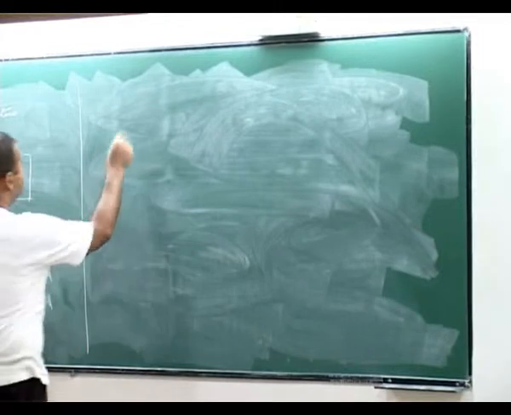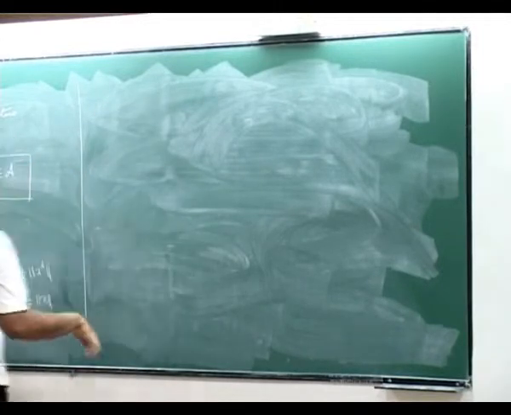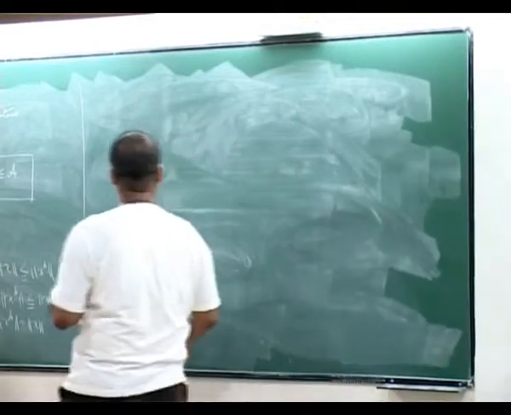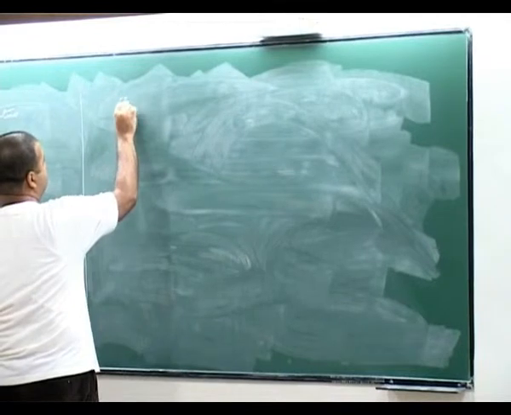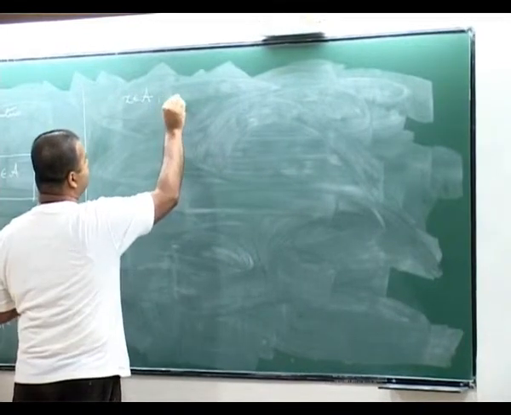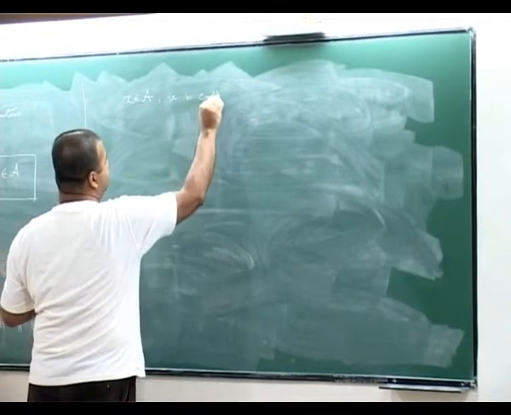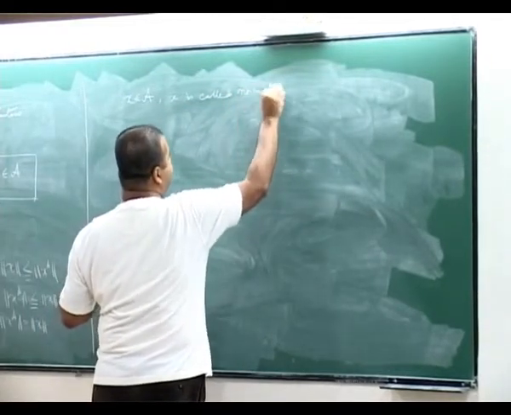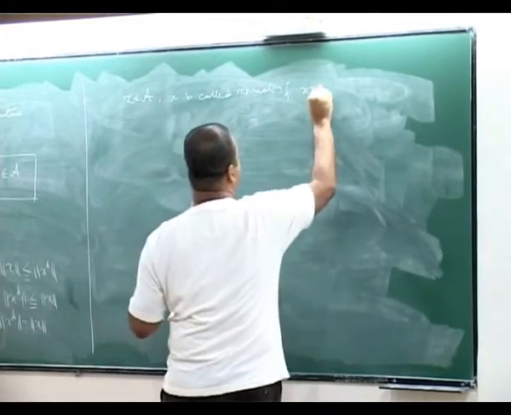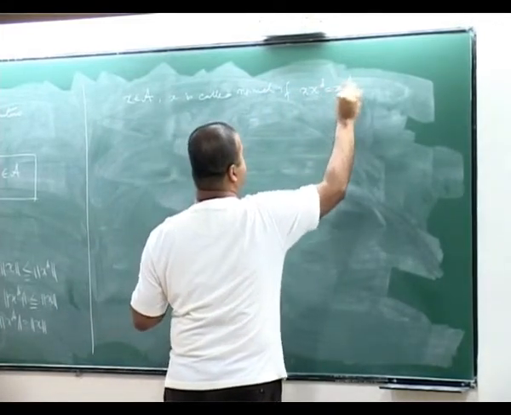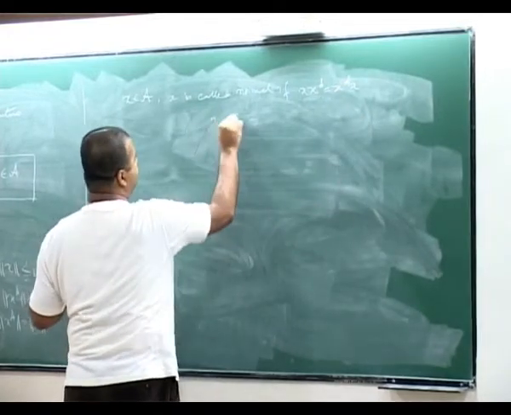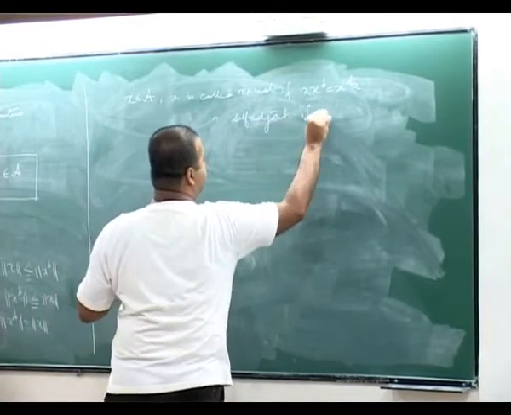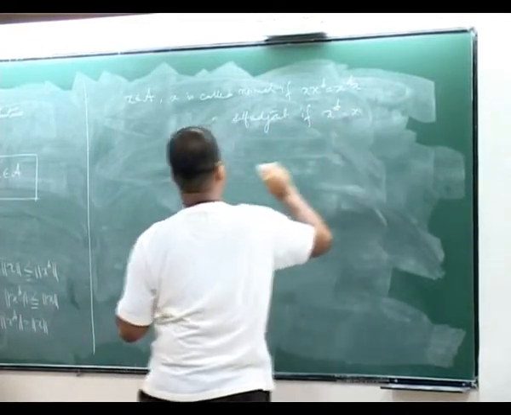Okay, so let us use this condition. x is called normal if x star x equals x x star, and it is called self-adjoint if x star equals x.